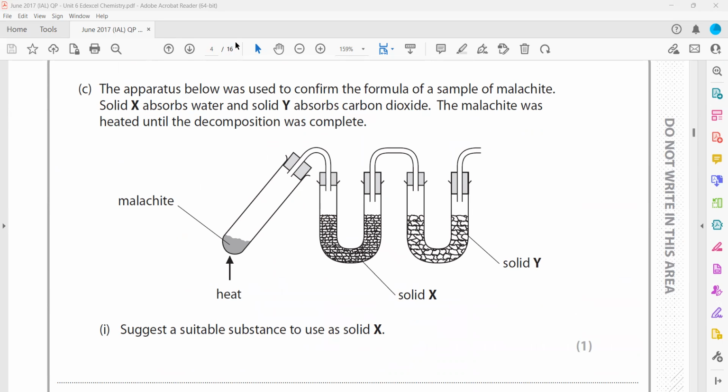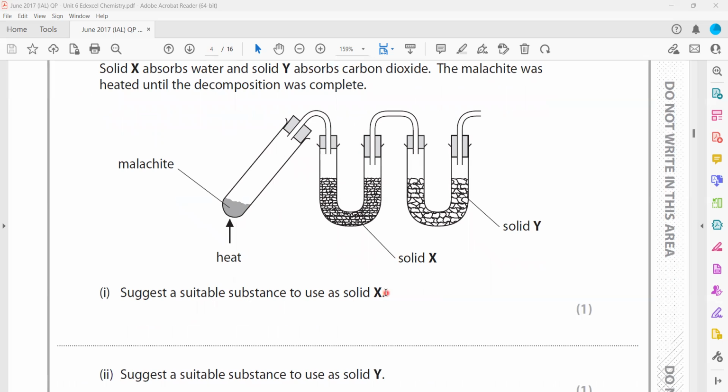The apparatus below was used to confirm the formula of a sample. Solid X absorbed water and solid Y absorbed carbon dioxide, and the sample was heated until the decomposition was complete. Suggest a suitable substance X. So which substance can absorb water? It should be a drying agent, because drying agents have the capability to absorb moisture.